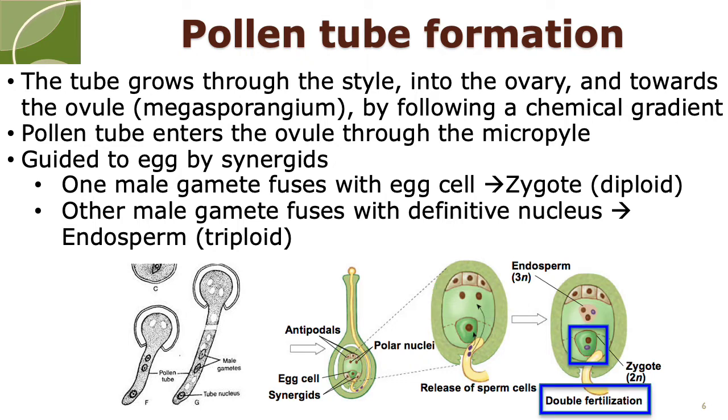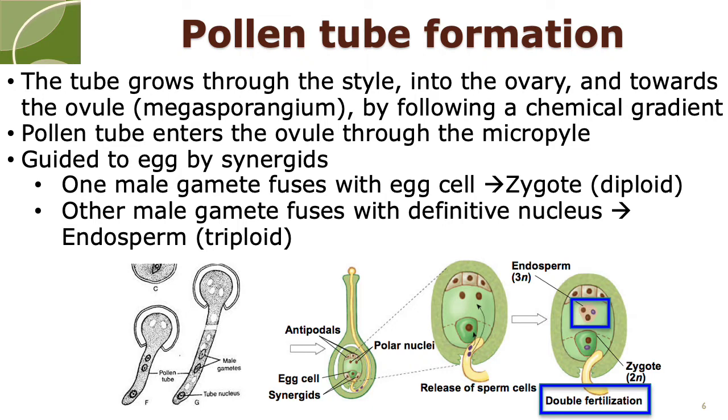So we formed the diploid zygote through the fusion of the egg and the sperm cell. This way we had 1 fertilization event that resulted in the diploid zygote. But we also have a second fusion event where the male gamete fused with the definitive nucleus, which is diploid.